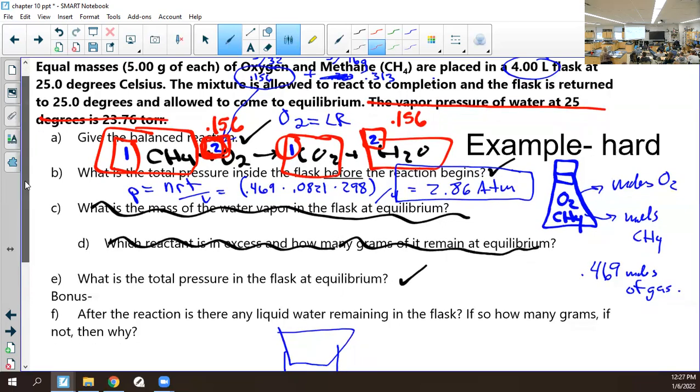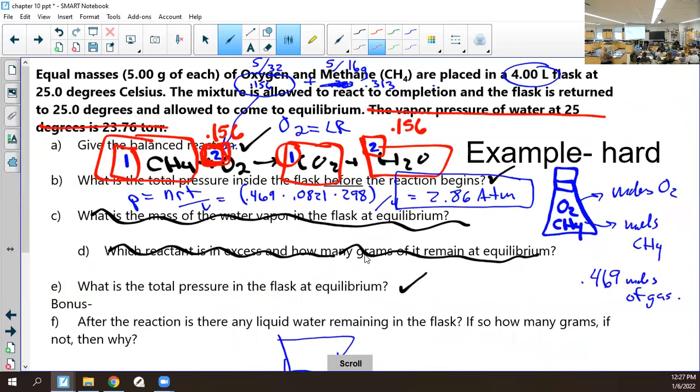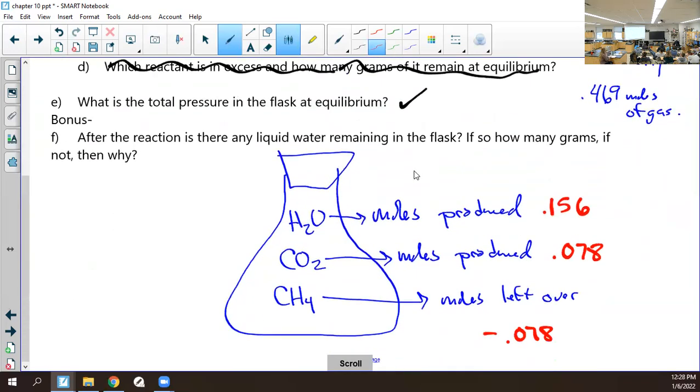So I know I used, I'm going to put a minus here, 0.078 of CH4. So you just minus that from 0.313, which is what I had to start. And that will give me how much I have in excess: 0.235.